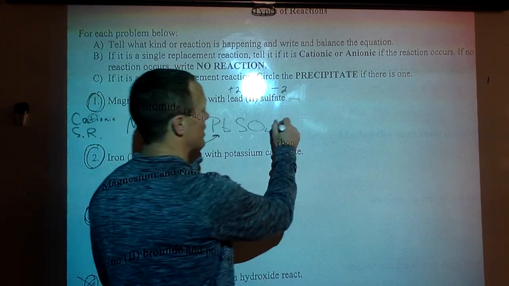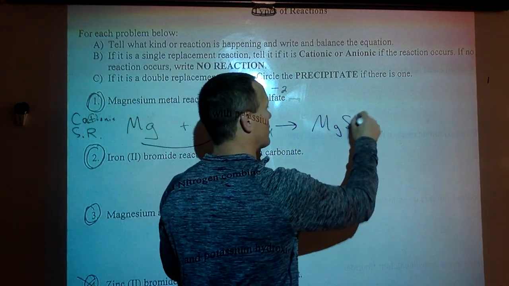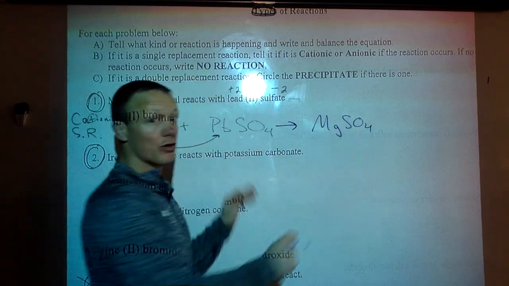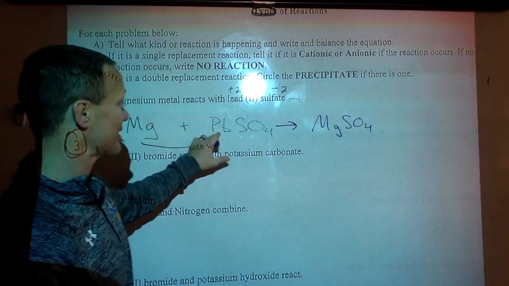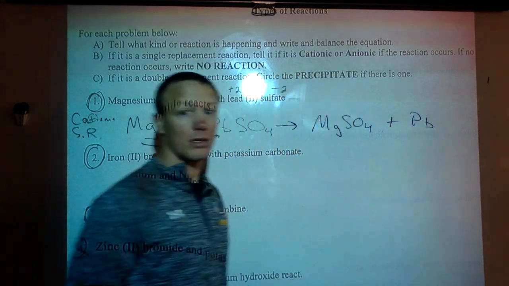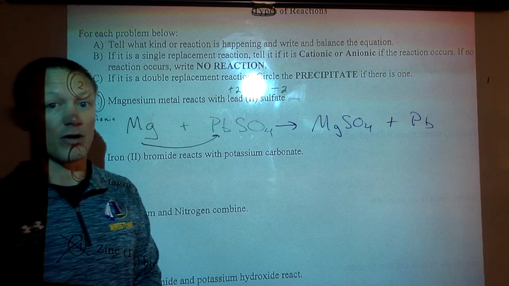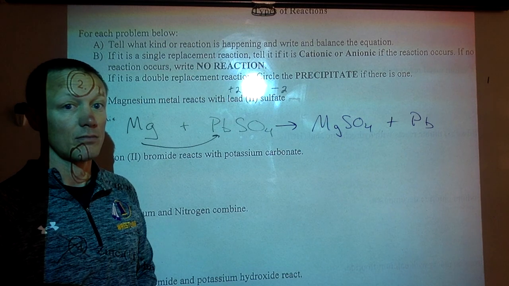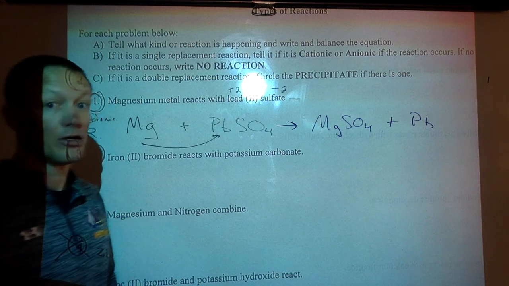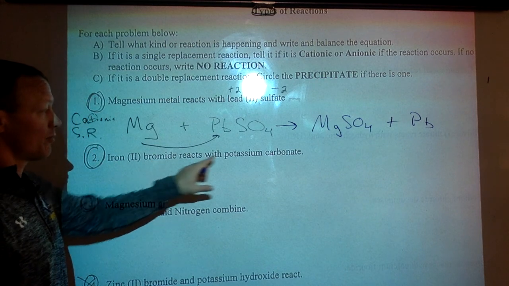Other side of the equation, we get magnesium sulfate, plus 2 minus 2 charge, so we're good there, plus lead. Lead was kicked out. Everything is balanced in this case, so we're good to go. Don't put any coefficients in to balance it. Again, that's a single replacement. The reaction does happen.